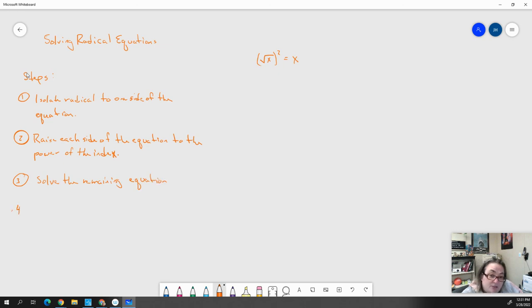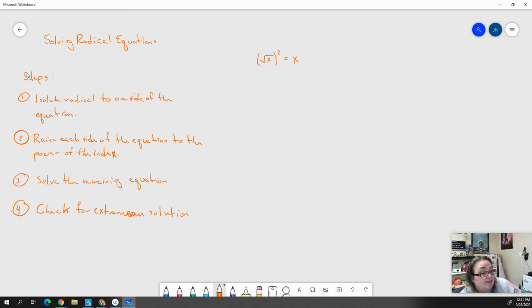The last step is to check for extraneous solutions. All an extraneous solution is, is a solution that doesn't work.